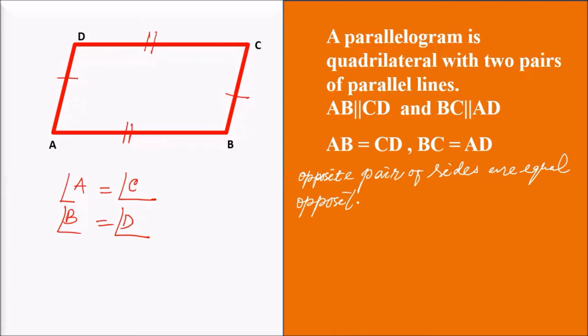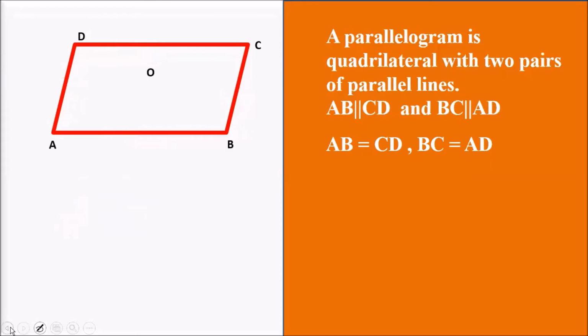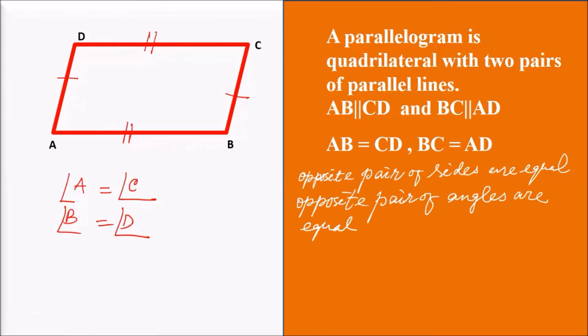Opposite pairs of angles are equal. Isn't it interesting? So what are we getting? Angle A is equal to angle C, angle B is equal to angle D.